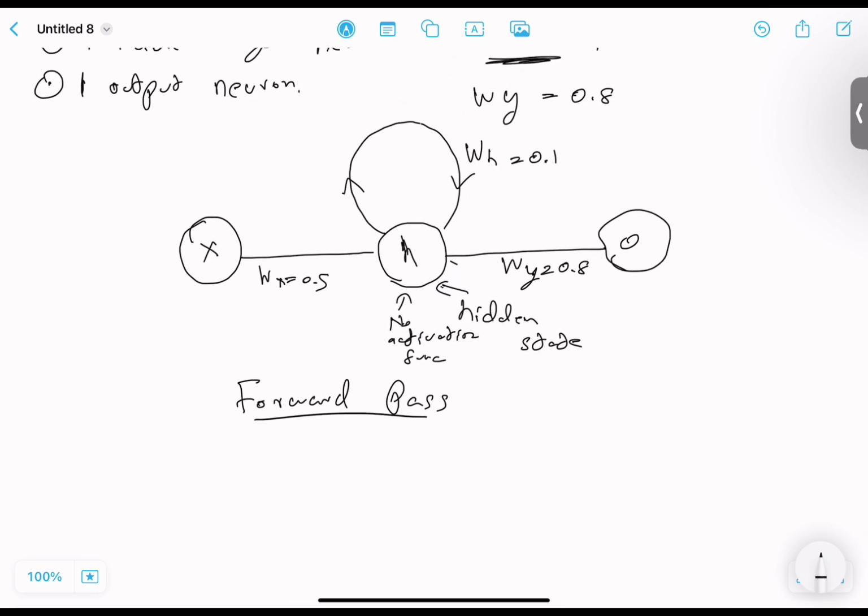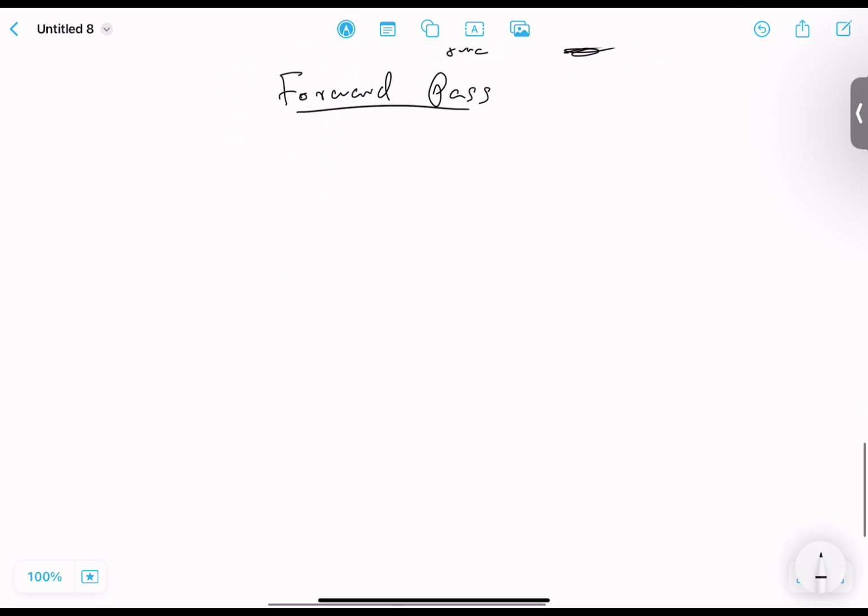In the explanation below, I'm more focusing on this hidden state. We process the sequence one time step at a time.